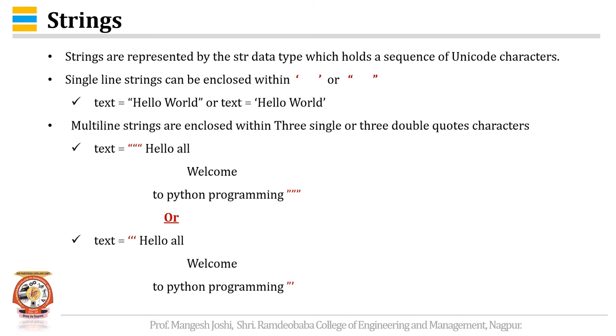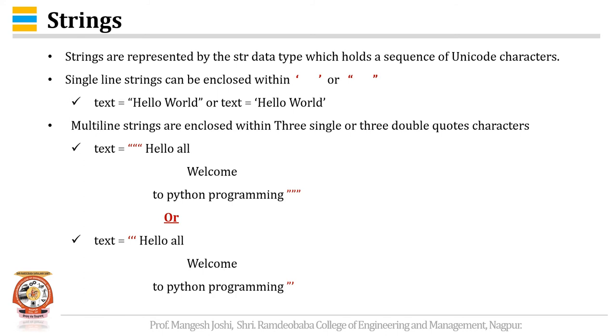Suppose you want to write hello world. You write text is equal to, in double quotes, hello world. This is perfectly fine. Or you can also write text is equal to, in single quotes, hello world. So both options are there. You can use single quotes as well as double quotes.